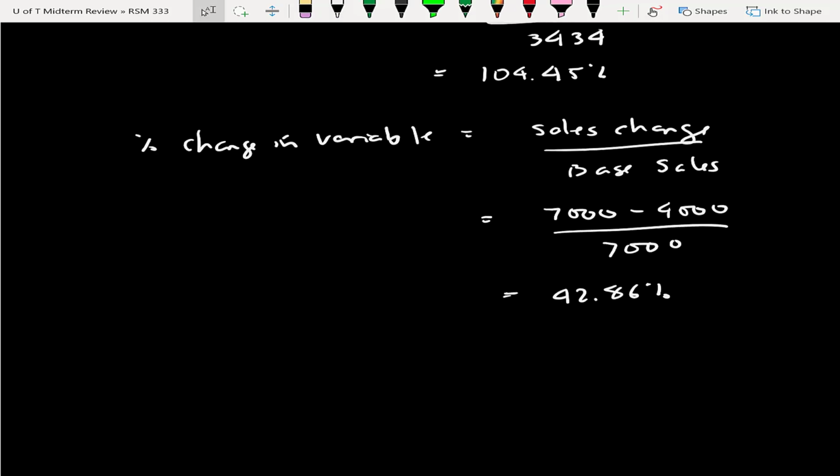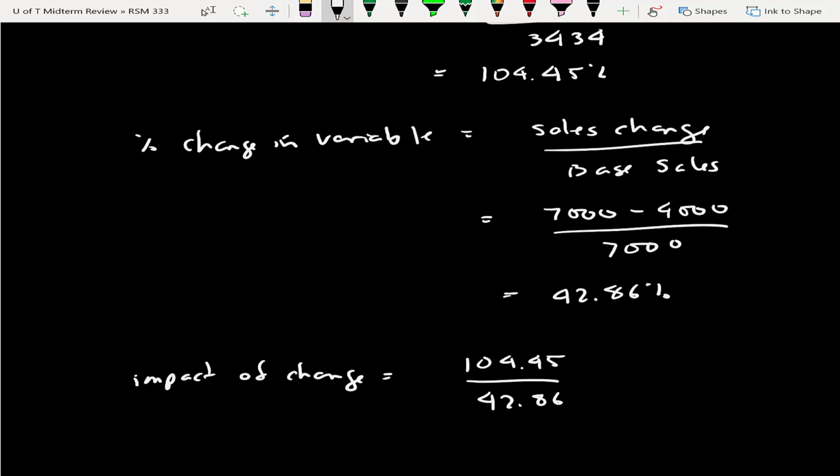So what's our sensitivity analysis? So the impact of the change is the change in NPV, 104.45, divided by the change in sales, 42.86. So it's 2.44%.